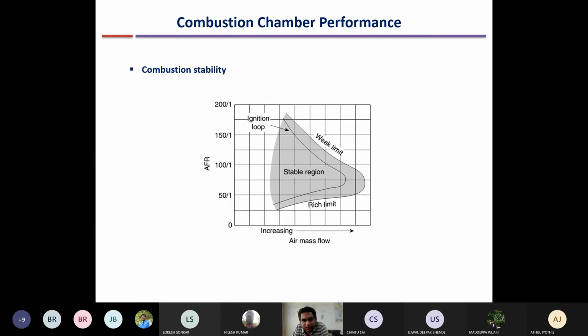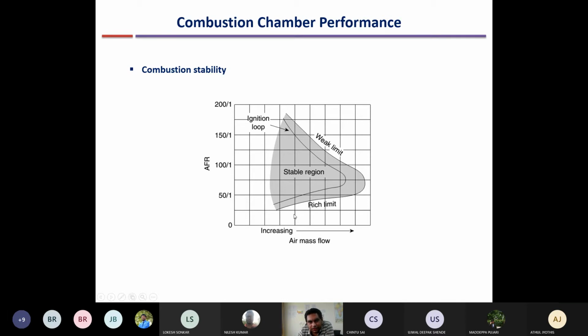So there is an upper limit of the air fuel ratio at any mass flow rate, known as the lean limit or weak limit.